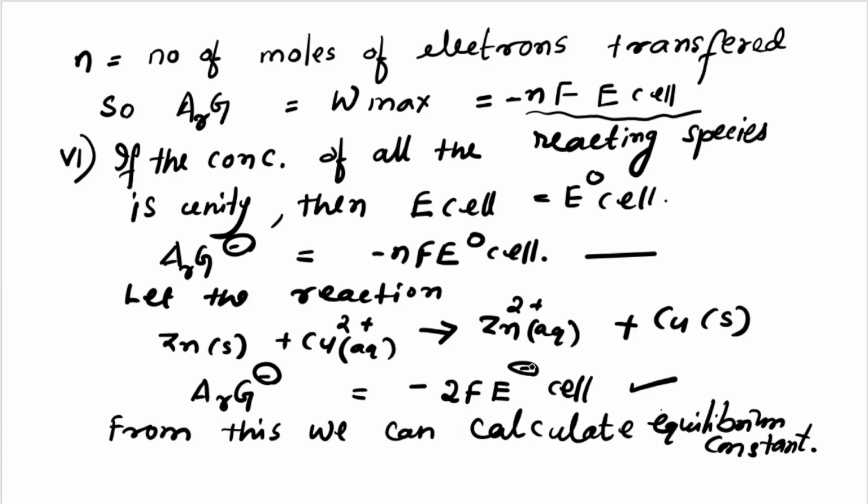From this we can calculate the equilibrium constant. Now our aim is how to calculate the equilibrium constant from Gibbs energy, from the standard electrode cell potential or simply electrode potential. This is the way we will calculate the equilibrium constant.